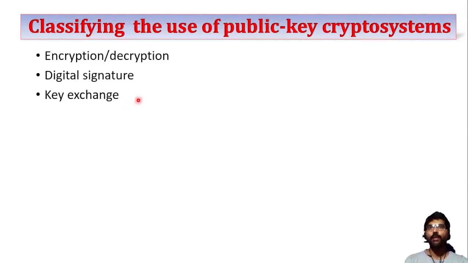The private key is used for encryption to create a digital signature, and that digital signature is sent to the receiver. Since only the owner has the private key, only he can create the digital signature. The receiver can read it with the help of the public key, but no other person can modify the digital signature unless he has the private key.